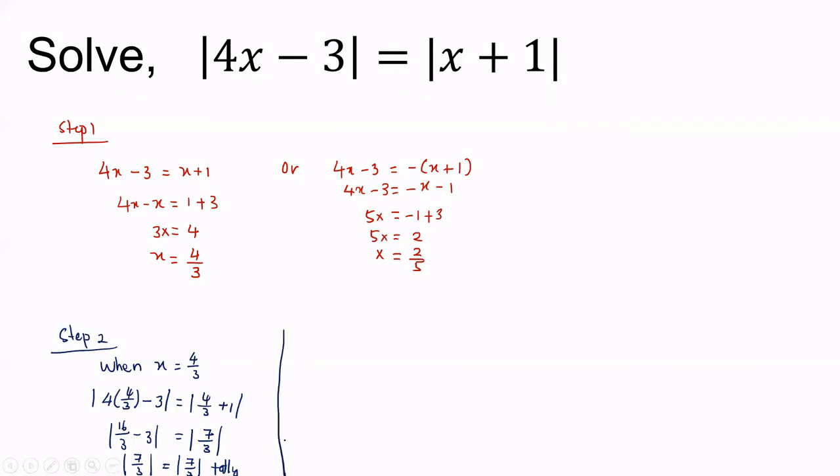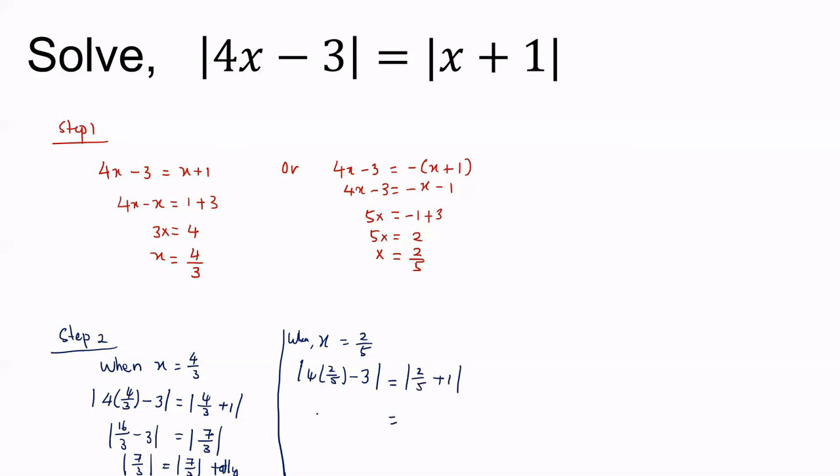All right. So we're going to test again for the second critical point, which is x equal to 2/5. So when x equals 2/5, we get 4 times 2/5 minus 3 equal to 2/5 plus 1.